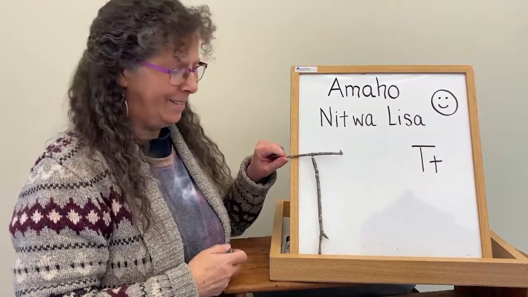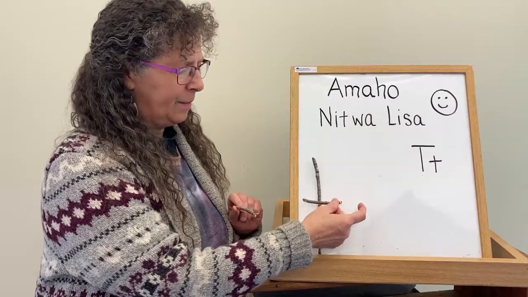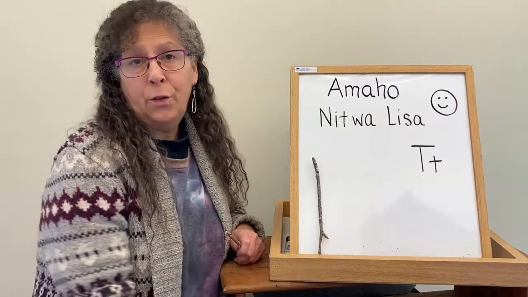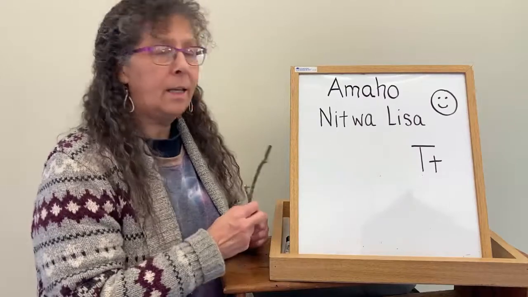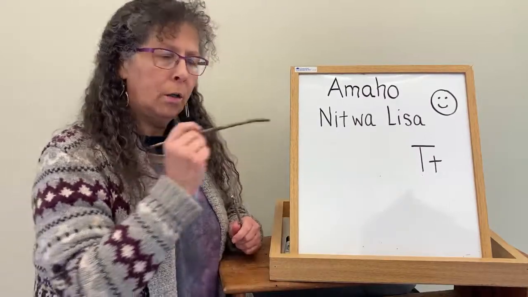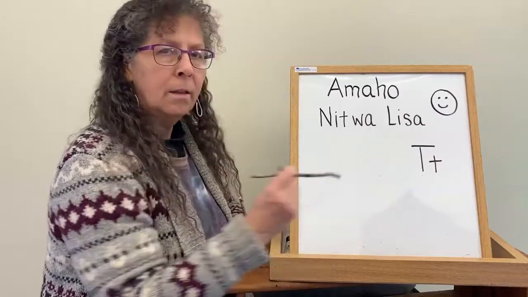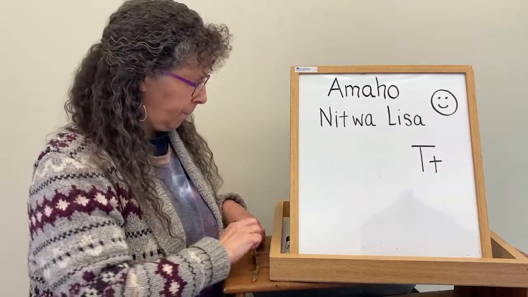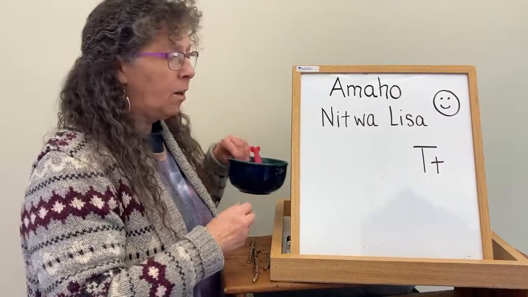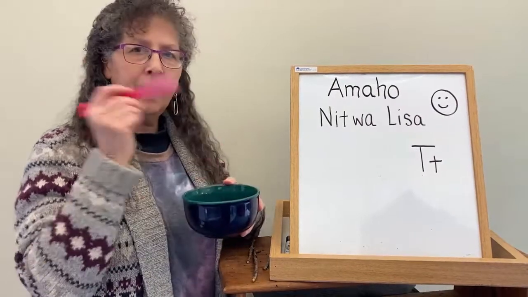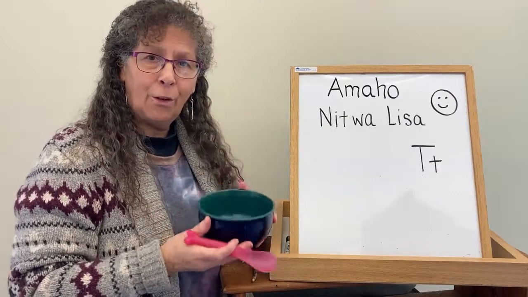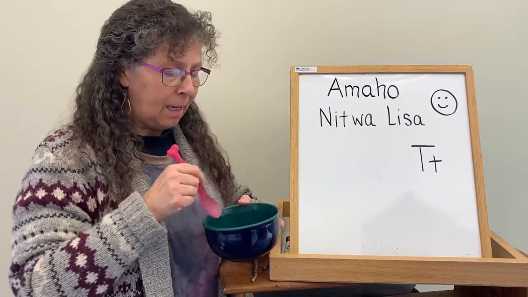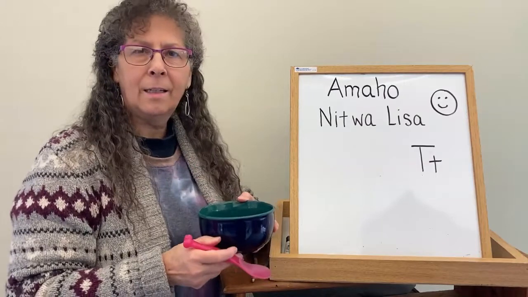They could do that on the ground. They could take the stick and draw the letter on the ground. When they're eating, they could take their spoon and draw the letter T in their food and say T says T in Tema.